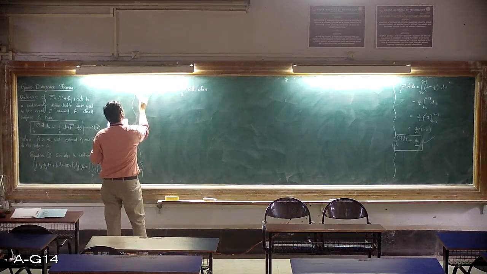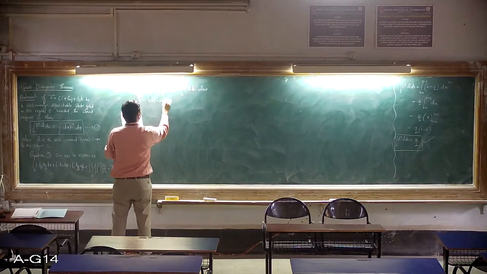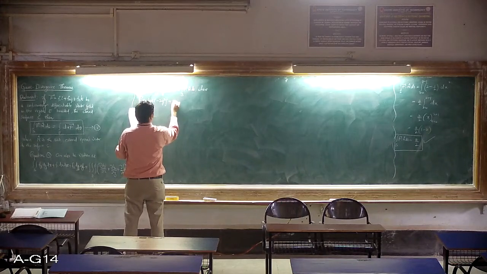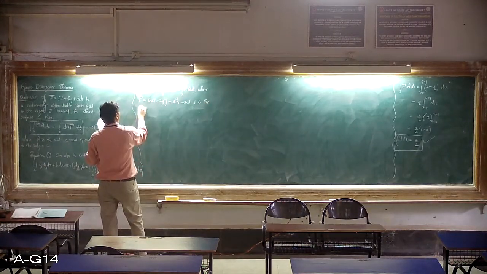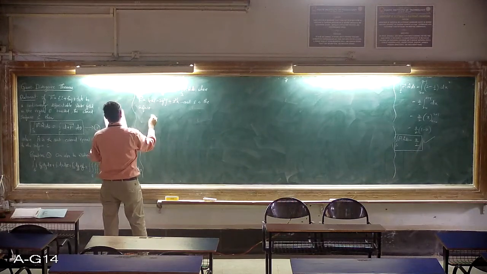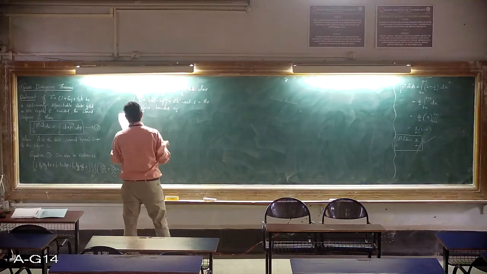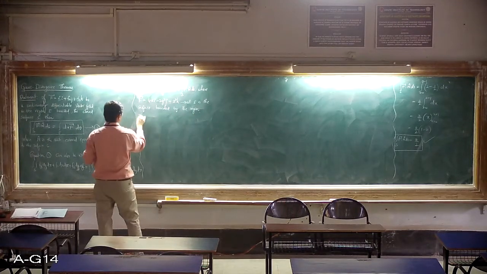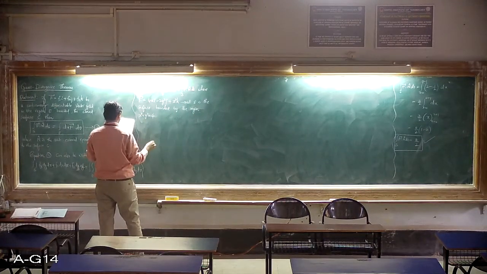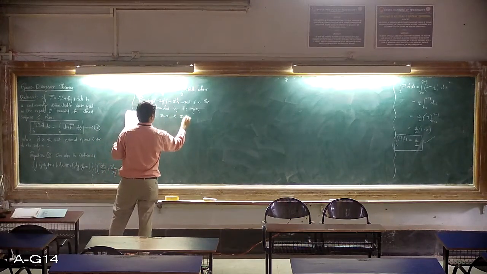f equals 4xi minus 2y square j plus z square k, and S is the surface bounded by the region x square plus y square equals 4, z equals 0, and z equals 3.